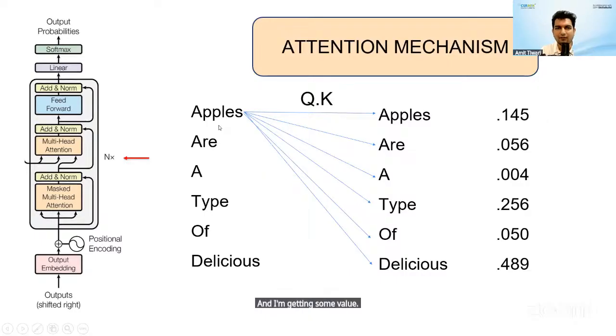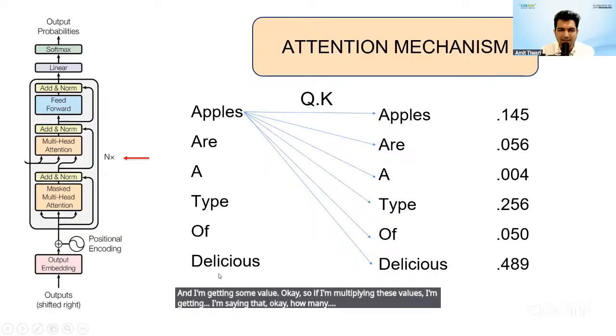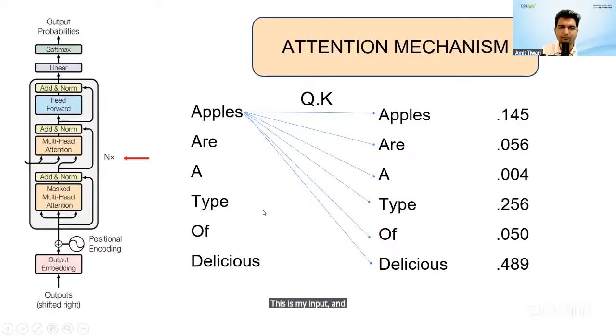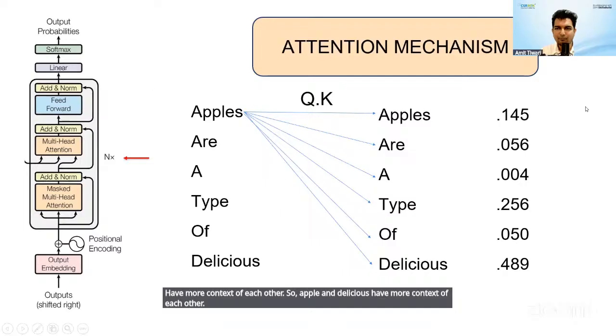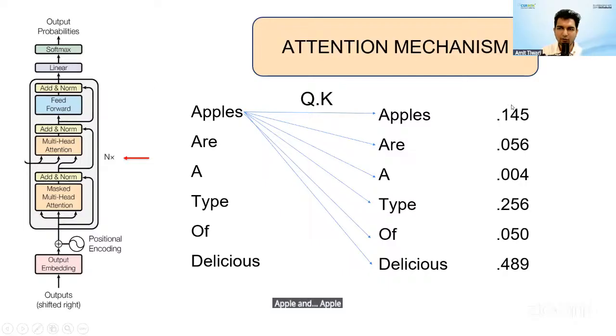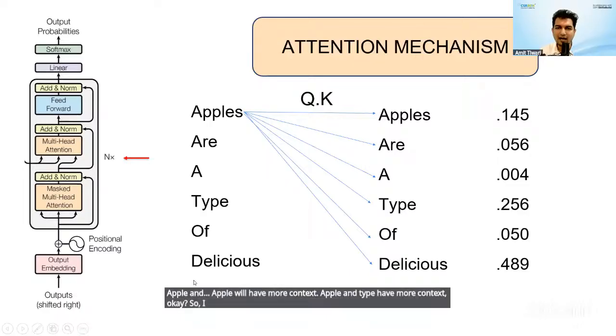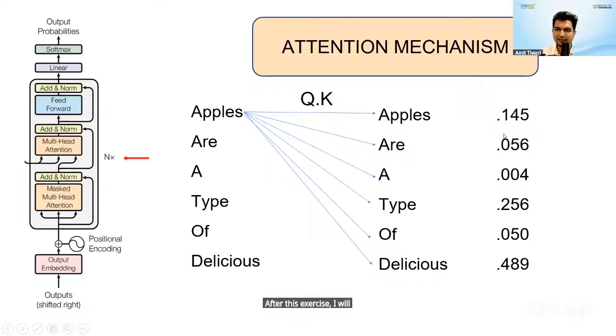Okay, so if I am multiplying these values, I'm saying, this is my input, and out of this input, which words have more context of each other. So apple and delicious have more context of each other. Apple and type have more context. So I give a value to this. After this exercise, I will attain something like this.